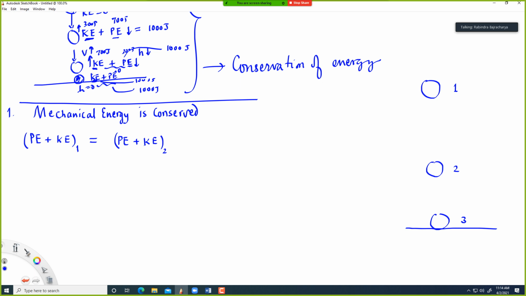So what's the potential energy at point 1? At point 1, potential energy is mass, g, and height, the height at 1.